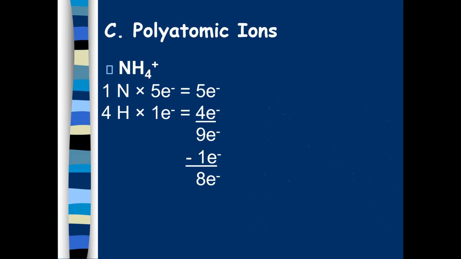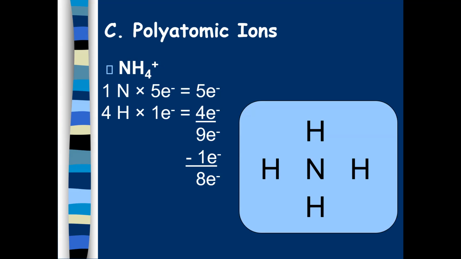We get 8. So we need to do our little sketch, crude sketch, which is what we're doing now. We put the bonds. The bonds used 8 electrons. We have 0 left. And that's exactly right because hydrogen is happy with 2, remember?